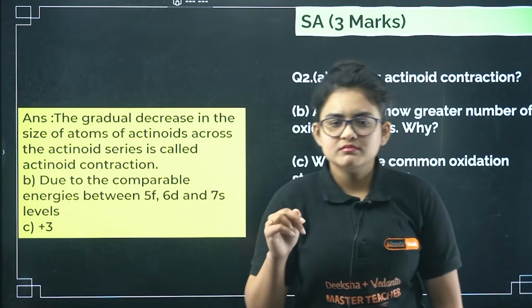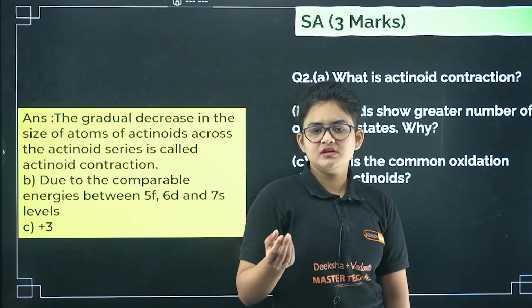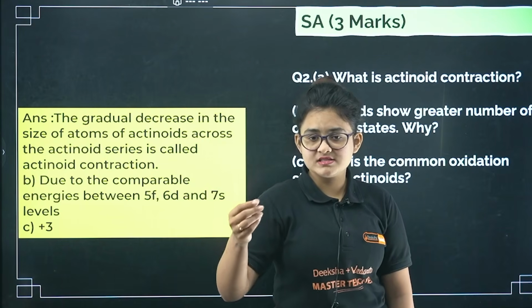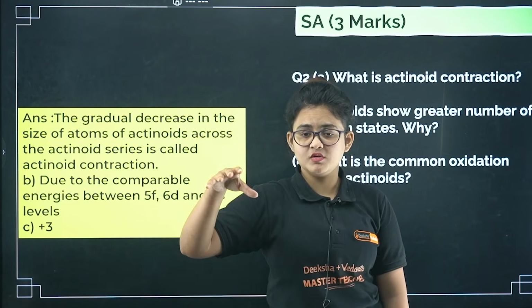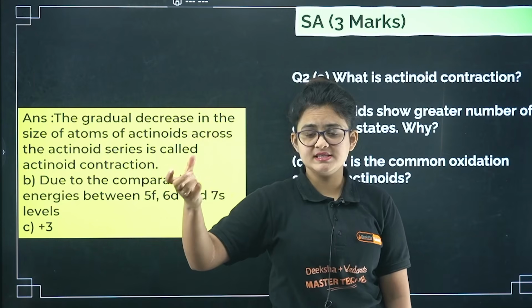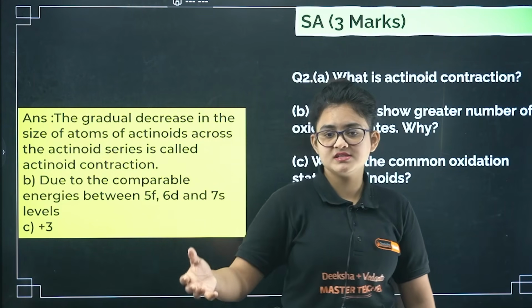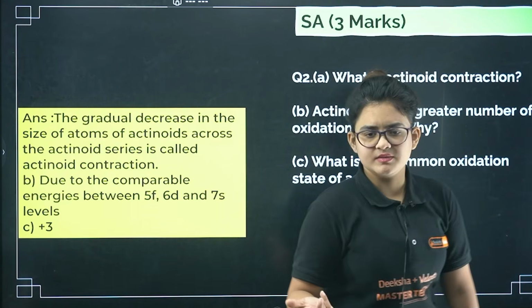Why? This is because the energy gap between 5f, 6d and 7s is small, with comparable energies, very close by. So removal of electrons is easy; that's why they show variable oxidation states, even more than lanthanoids. Last question, the common oxidation state is +3.